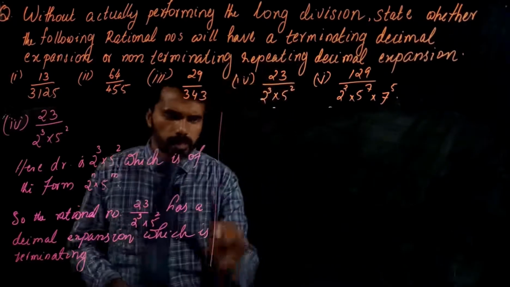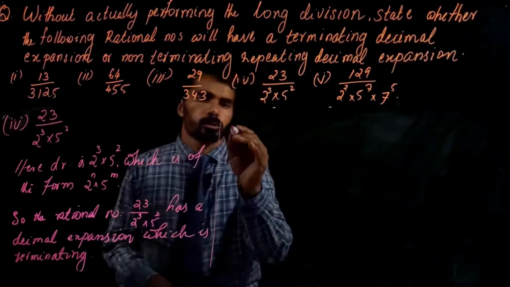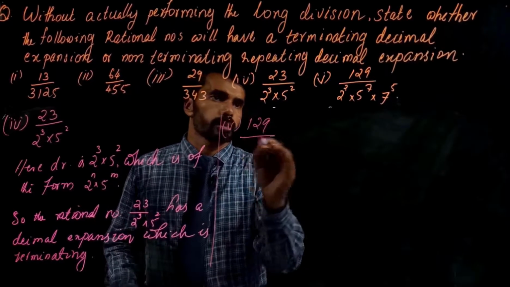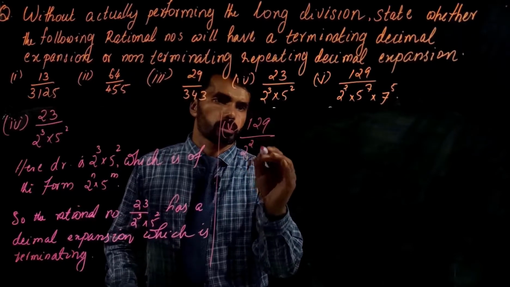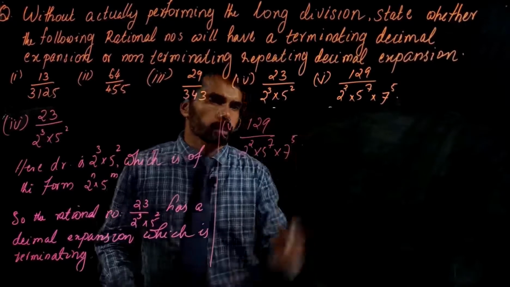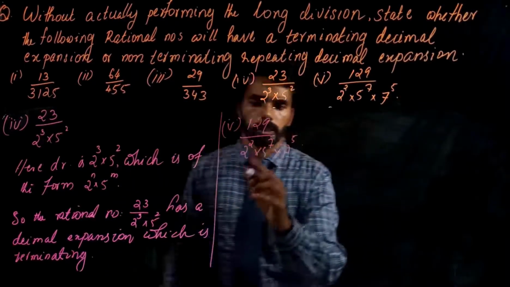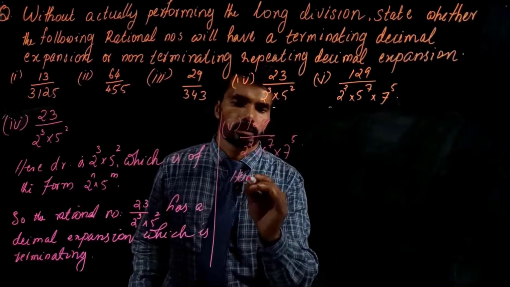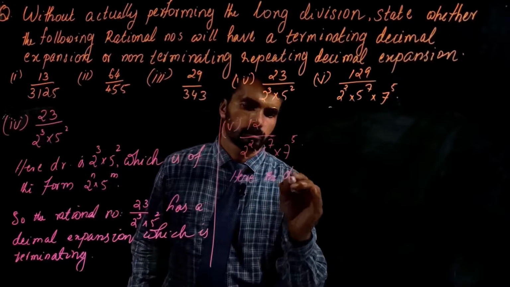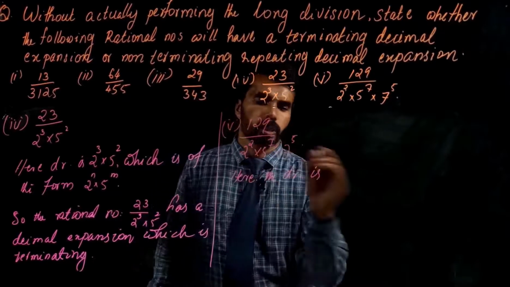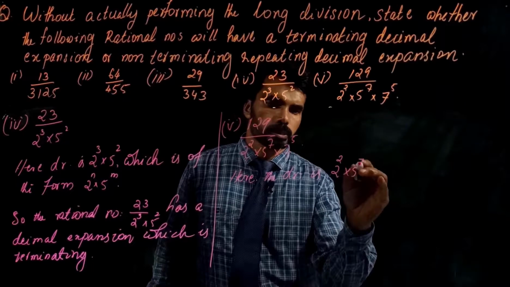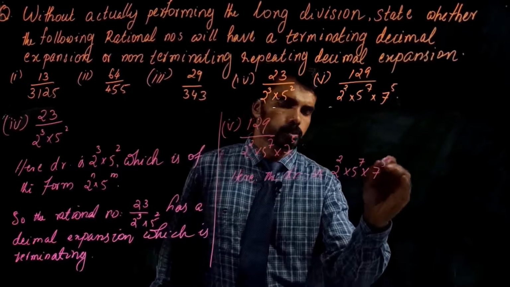Now let us see the last one, the fifth one: 129 divided by 2 raised to 2 into 5 raised to 7 into 7 raised to 5. Let us check the denominator. Here the denominator is 2 raised to 2 into 5 raised to 7 into 7 raised to 5.